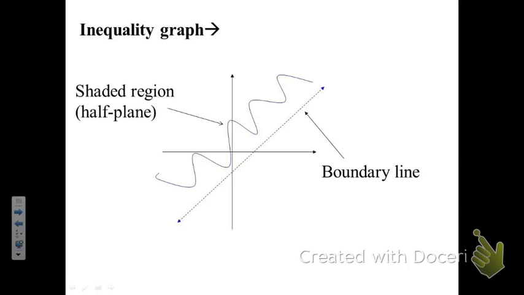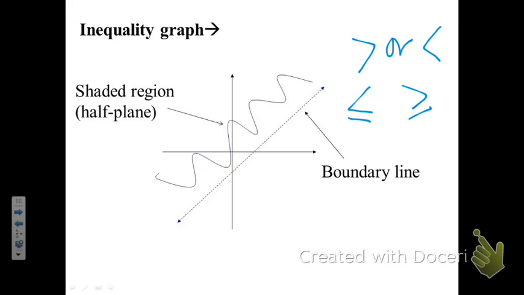So an inequality graph looks like this. It has what we call a boundary line. The boundary line can be dashed or it can be solid, and that all depends on the inequality. It will be dashed if it's greater than or less than, and if it's greater than or equal to, or less than or equal to, then it becomes solid.